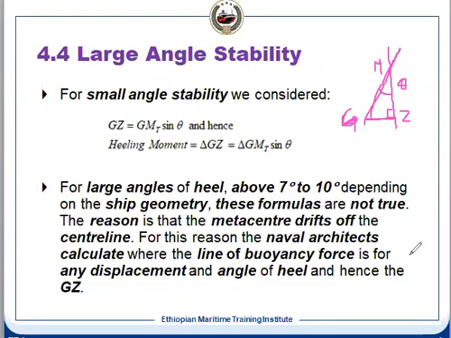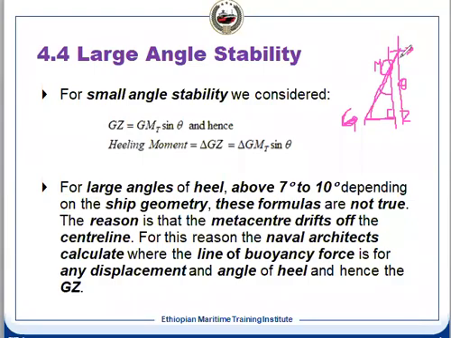But what is the reason we cannot apply this beyond this angle of heel? What happens when it goes beyond that is the behavior of the ship changes, and the metacenter will drift away in this direction.